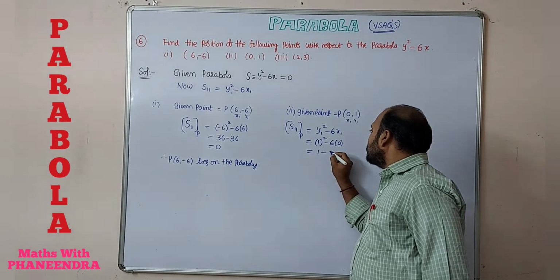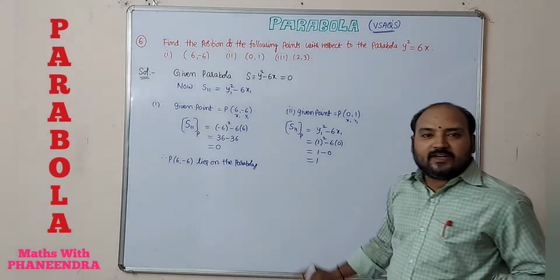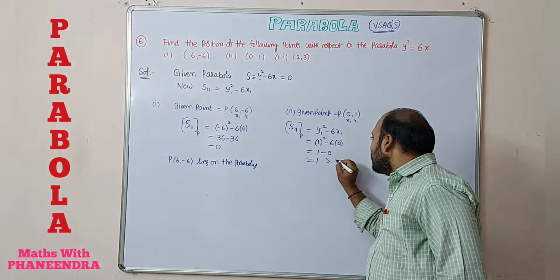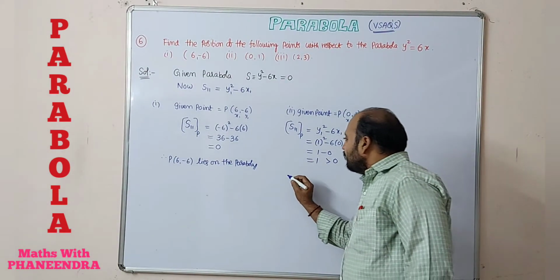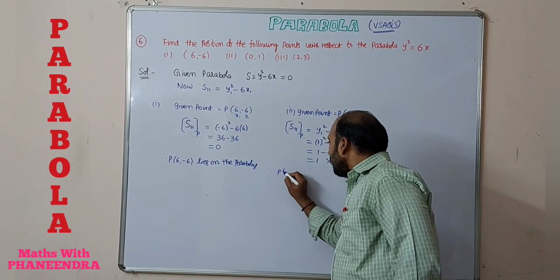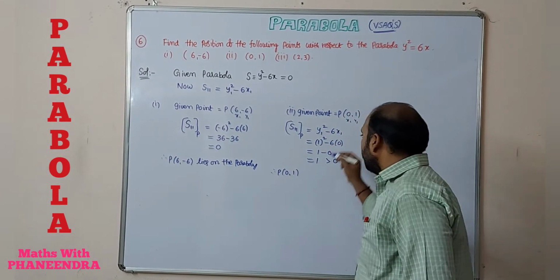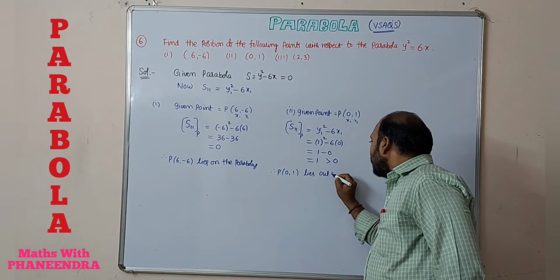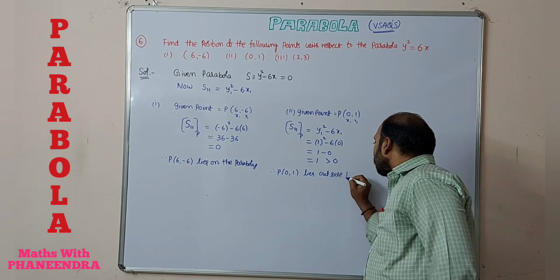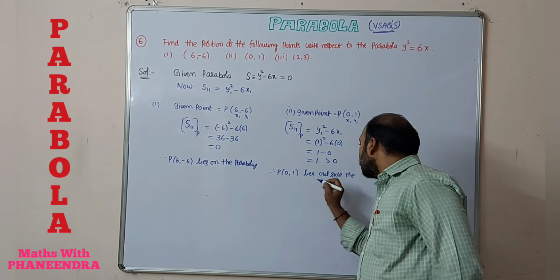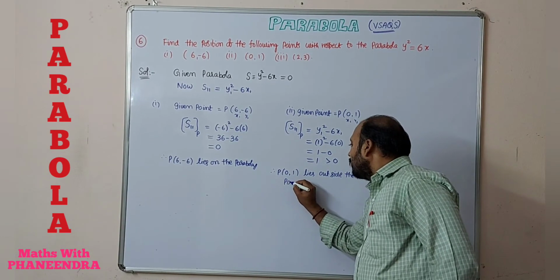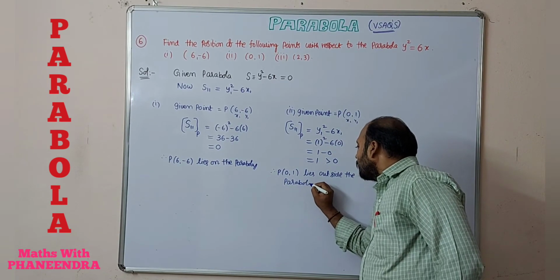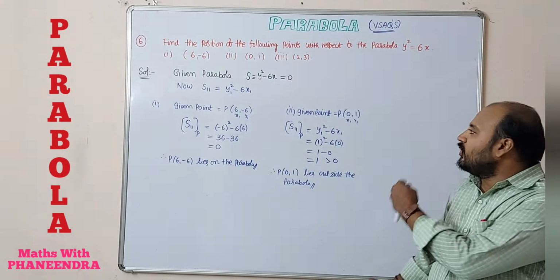So 1 minus 0, that is equal to 1. S11 is equal to 1, which is greater than 0 only, no? So therefore the point P of 0 comma 1 lies outside the curve, otherwise outside the parabola. Like this way you have to give the conclusion.